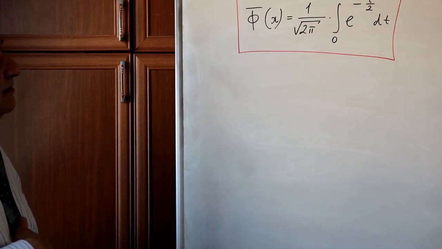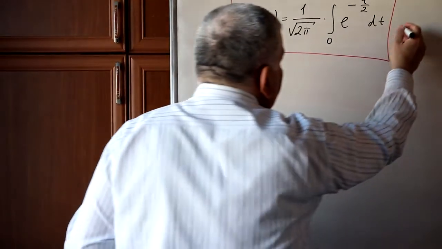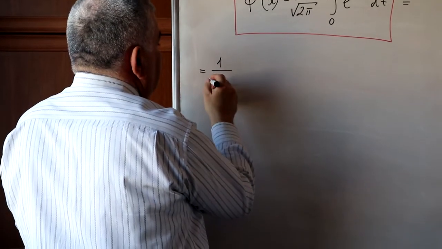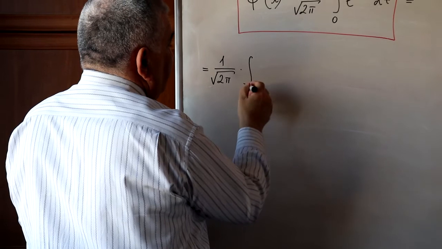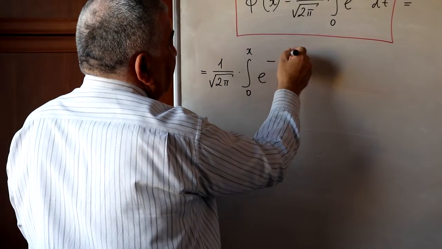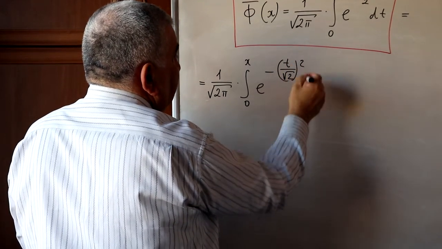Rewrite Laplace function in the following form: equals 1 over square root of 2 pi multiplied by integral from 0 to x of e to t over square root of 2 squared dt.